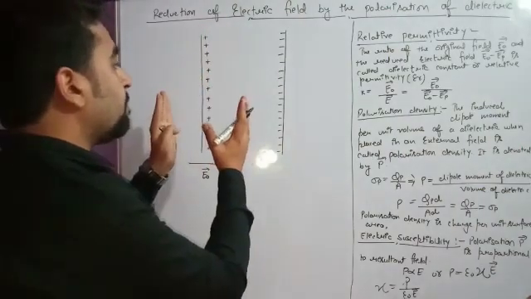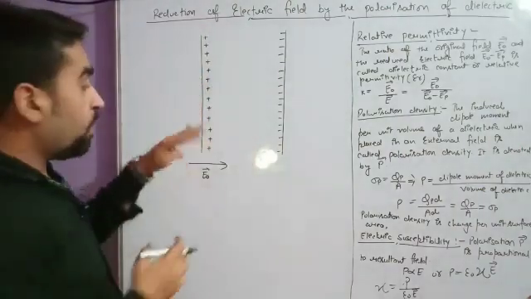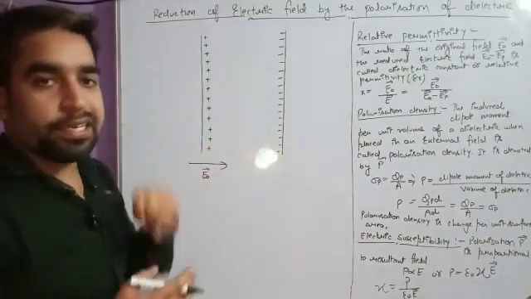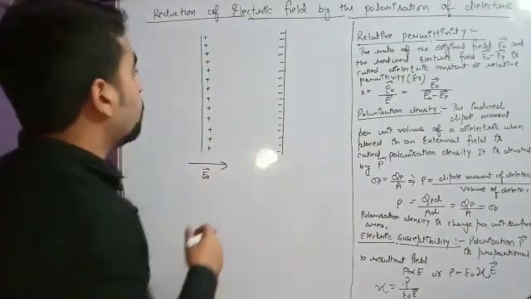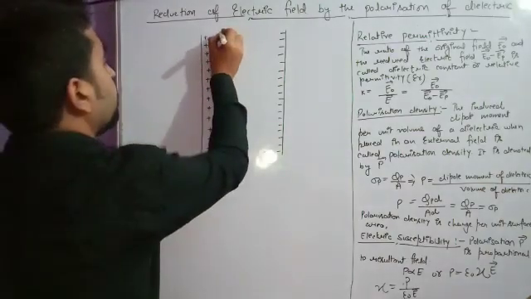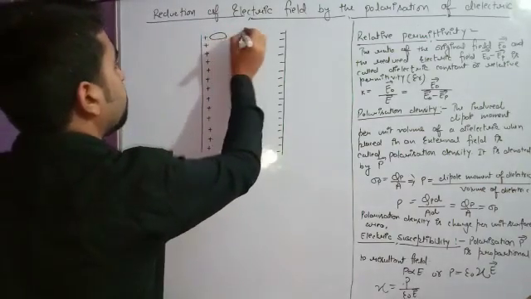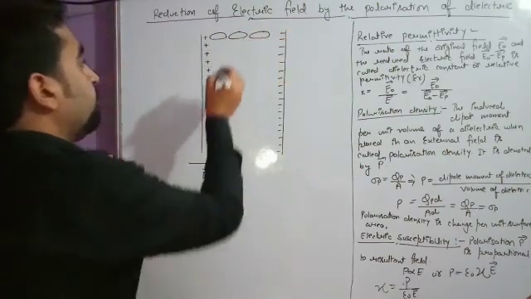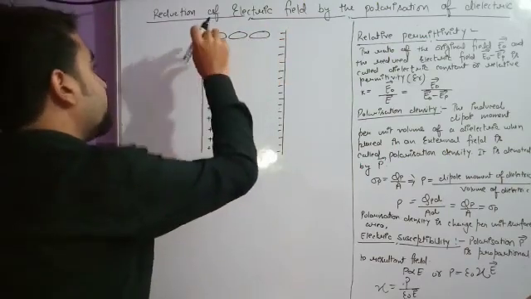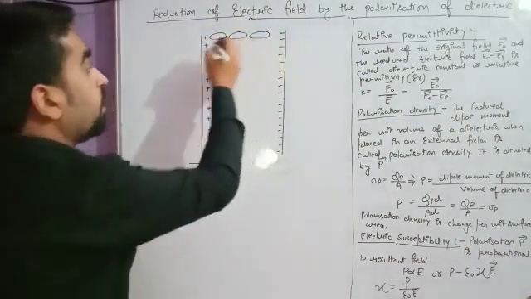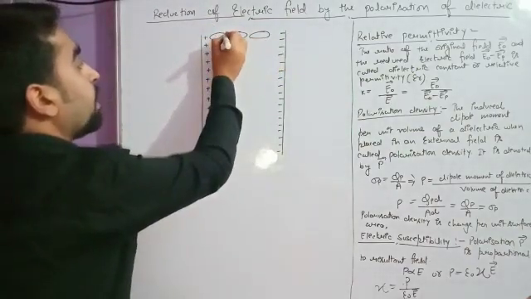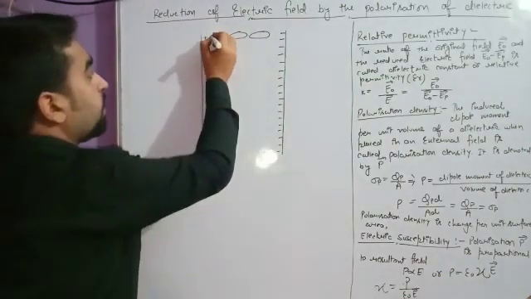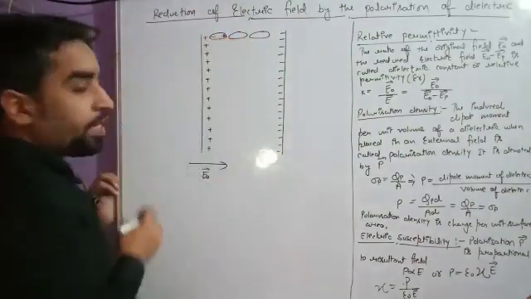Suppose between the two parallel plates of this capacitor we have placed a dielectric material. When you place a dielectric material between these plates, what will happen? We already know that the positive charge will align itself in the direction of the electric field and the negative charge will align itself in the opposite direction of the field.